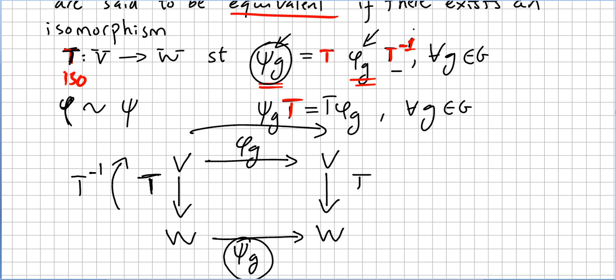This one will be the first, this one the second in the composition, and then this one, and that's T. I think this is pretty clear. So in this diagram it commutes, meaning that either of the two ways of going from the upper left to the lower right of the diagram, you always get the same answer.